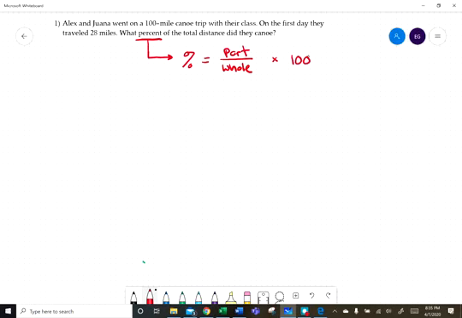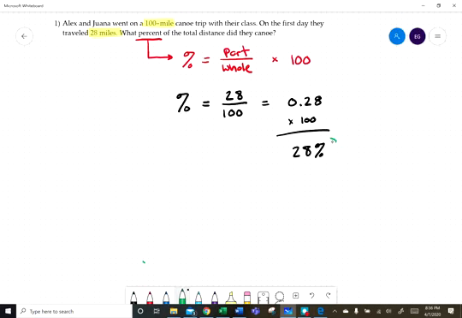So in this case, we have the part is the 28 miles and the whole is the 100 miles. So we could say the percent is equal to part divided by whole. 28 divided by 100 is 0.28. And if we multiply this by 100, we are back to 28%.